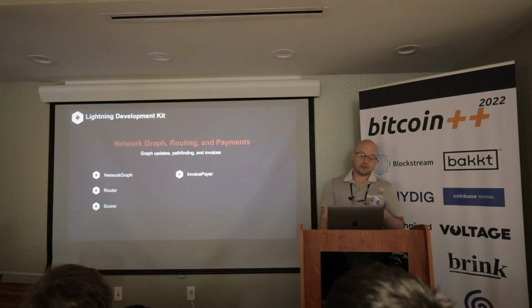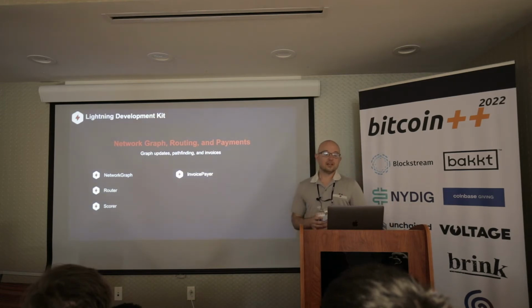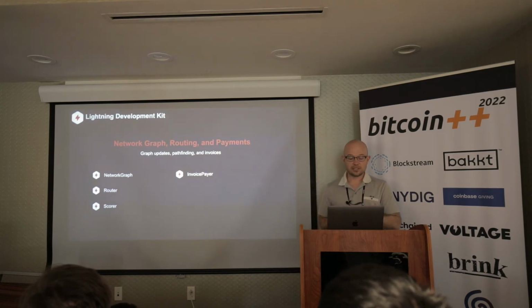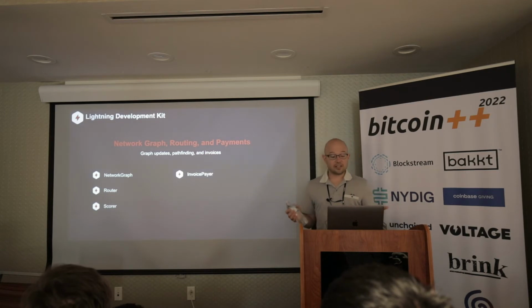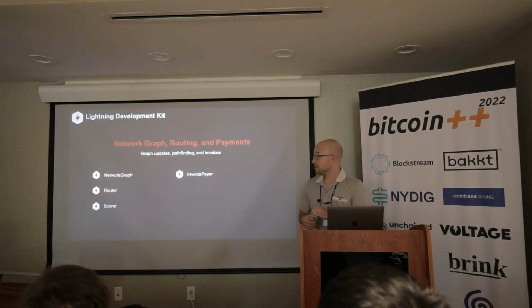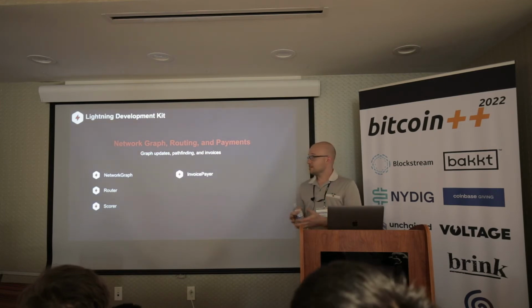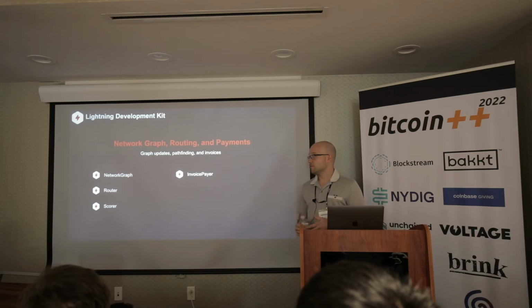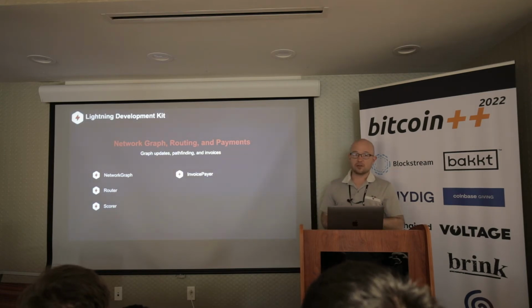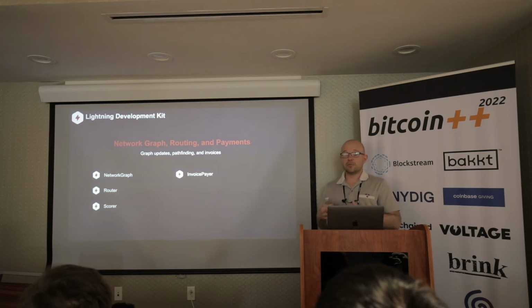And then there's network graph, routing, and payments. So this is all the gossip graph updates, using the graph to find a path to pay your invoices, and then generating invoices. And LDK provides basically helpers for all these things. There's a network graph object that maintains the network graph for you, a router that helps you find paths using that network graph, a scorer, which is a way to improve your pathfinding over time.